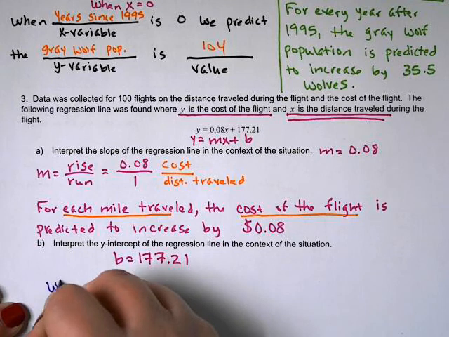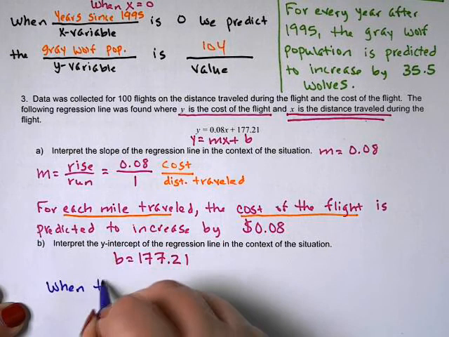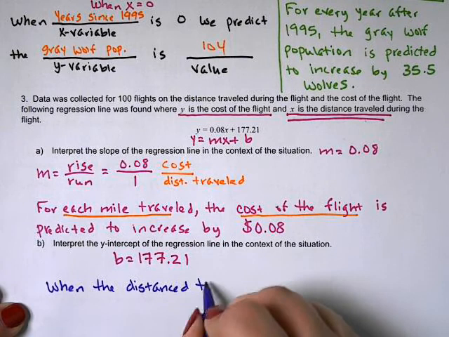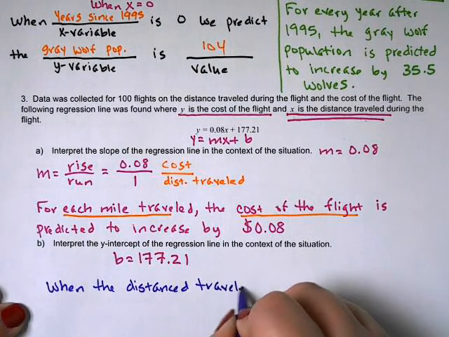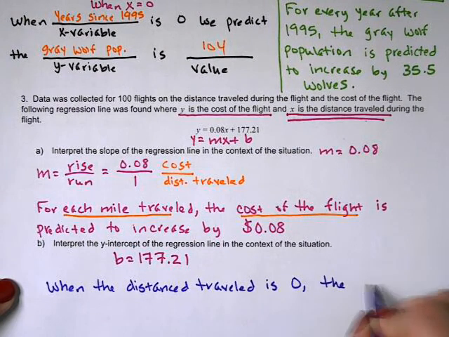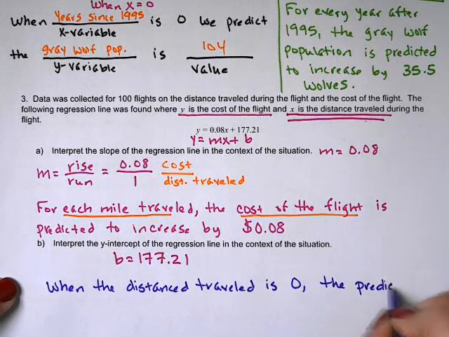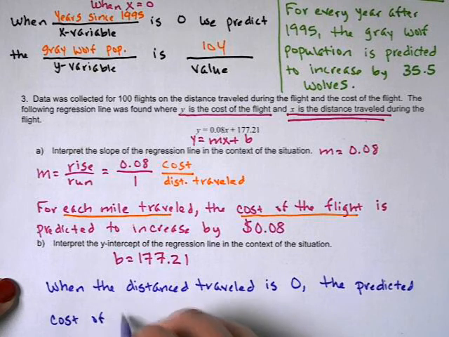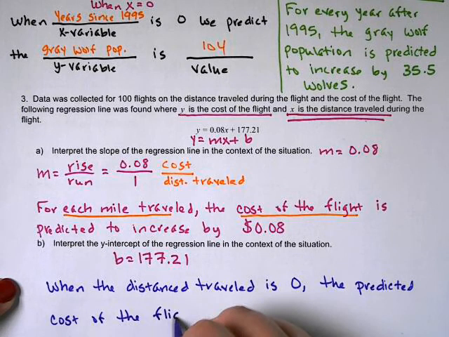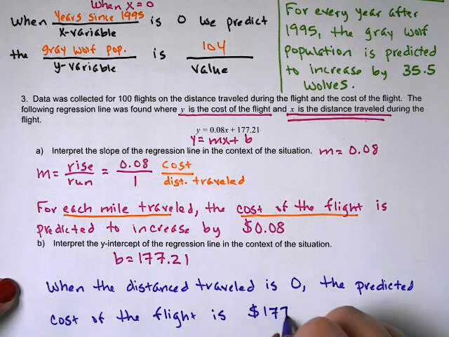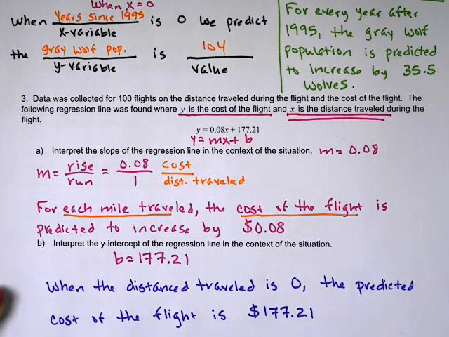So when the distance traveled is 0, the predicted cost of the flight is $177.21.